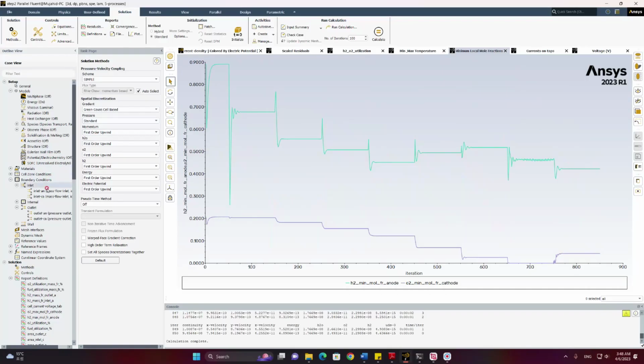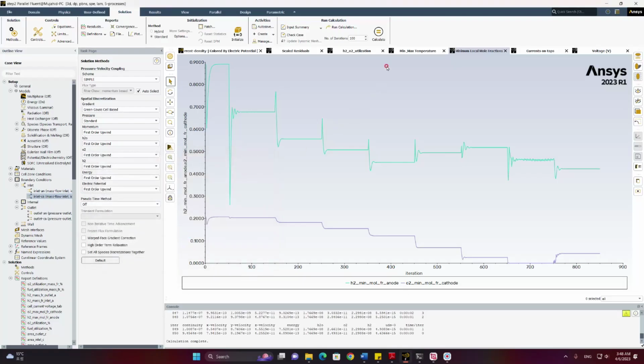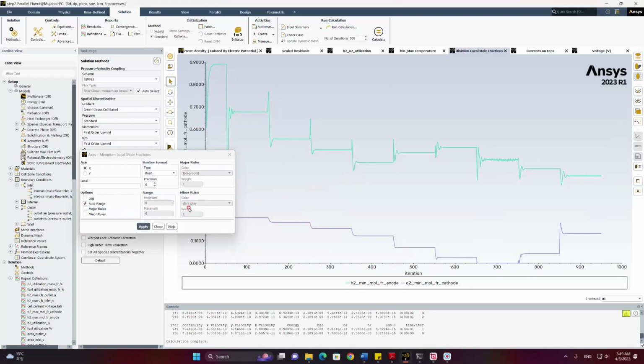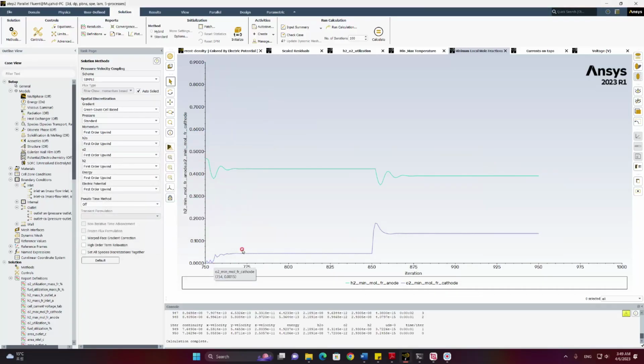Now if we increase the mass fraction of the oxygen to 0.46 and solve again, now we have solved it, and from the minimum mole fraction you see that the mole fraction of oxygen has increased significantly, and the fuel is being more utilized.